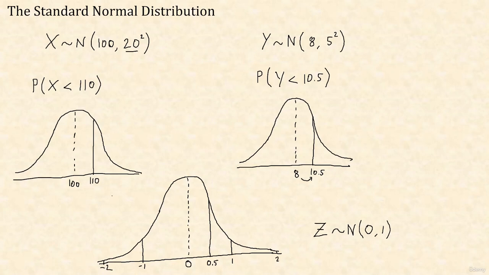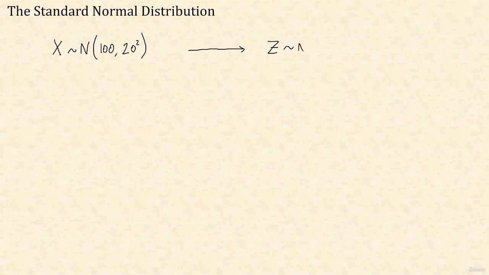So let's think now about what the connection is between a real-world example like this x distribution and the standardized distribution. So suppose we have our x distribution from before, which was a normal distribution with a mean of 100 and a standard deviation of 20, and we want to transform that into our standard normal distribution, which has a mean of 0 and a standard deviation of 1.